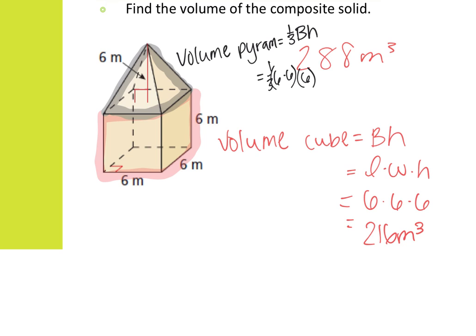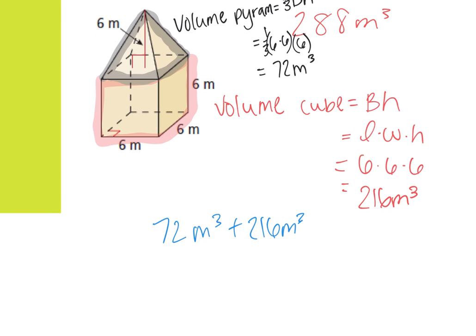And then you should have gotten 72 meters cubed. Which one do I pick? Neither. What do I do with them, Christina? You add them together. So we're going to do 72 meters cubed plus 216 meters cubed. And you should get 288 meters cubed as the volume of the whole thing.